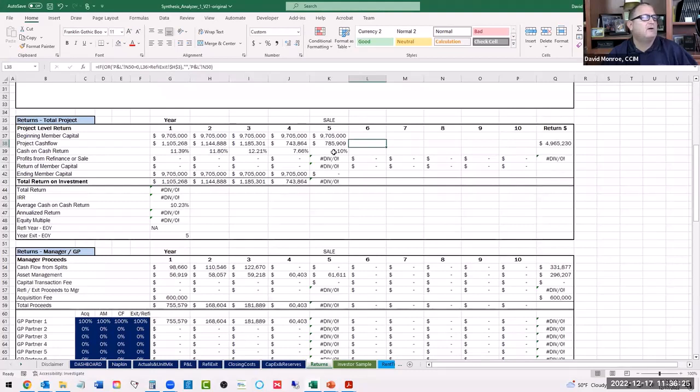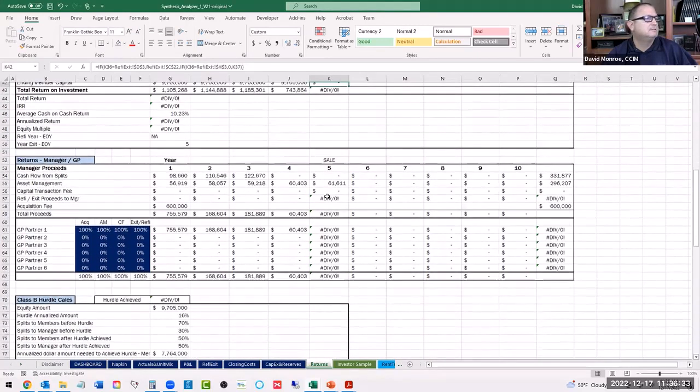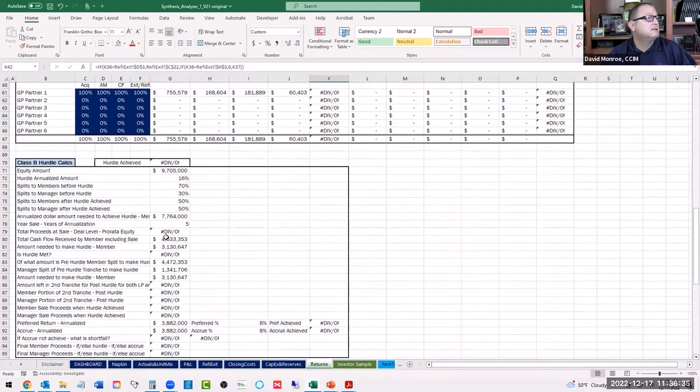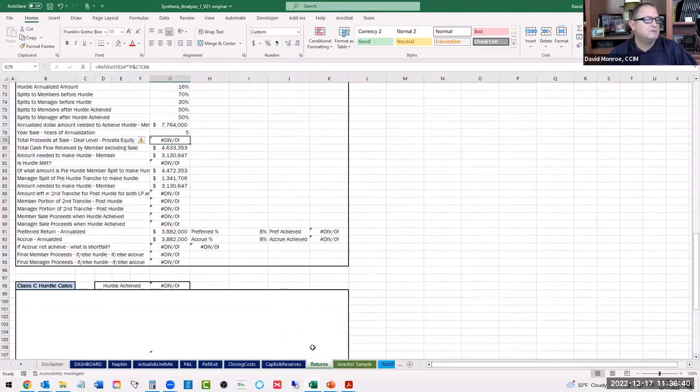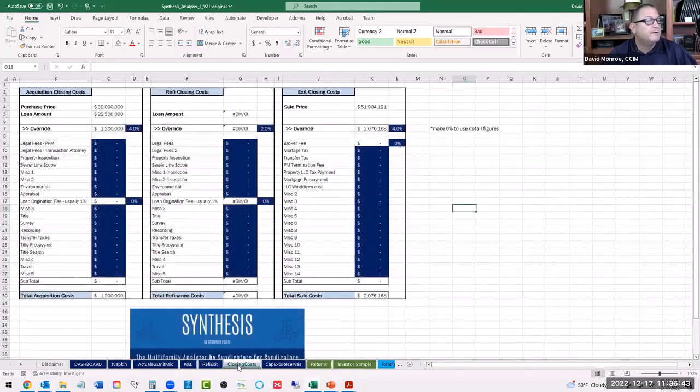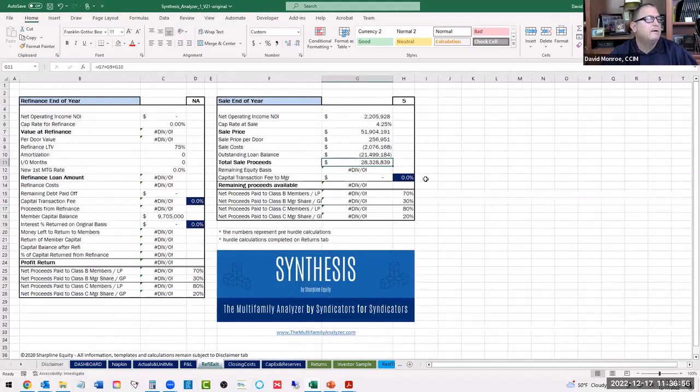We should have had an IRR. For whatever reason, we didn't get an IRR. It's because it didn't return the capital at the end of year 5. Total proceeds from sale. Yeah, it's not calculating the proceeds from sale. Here's the exit. There's the total proceeds.